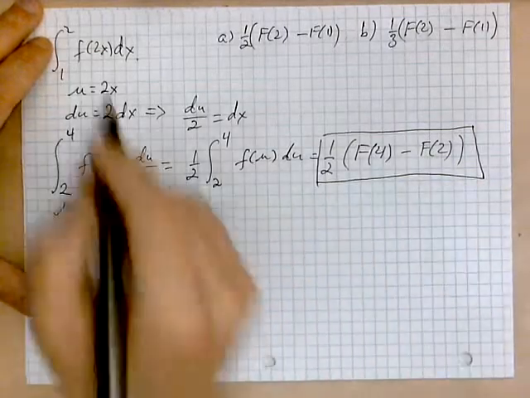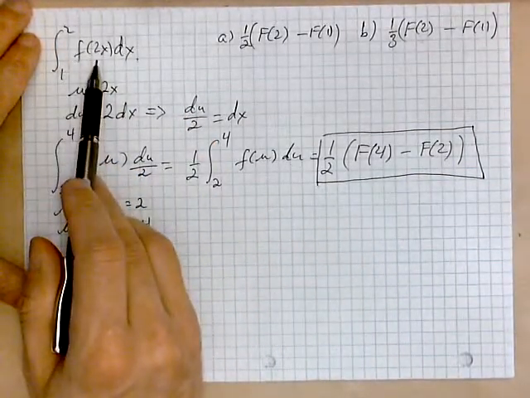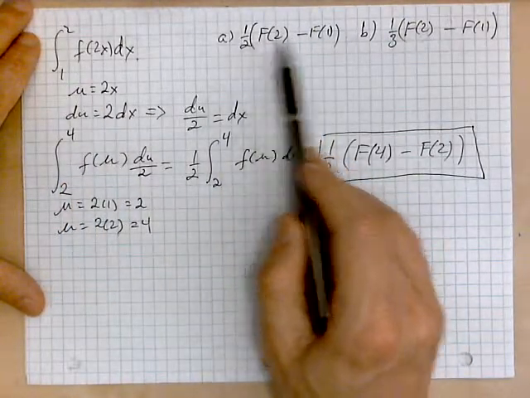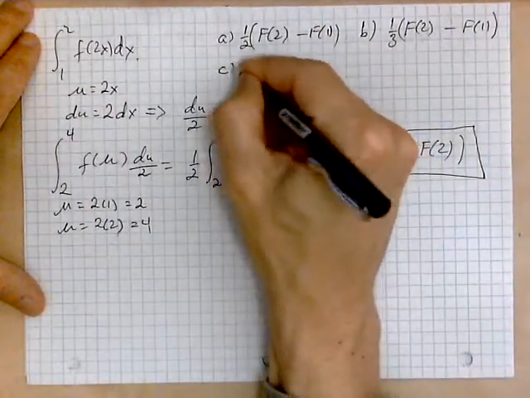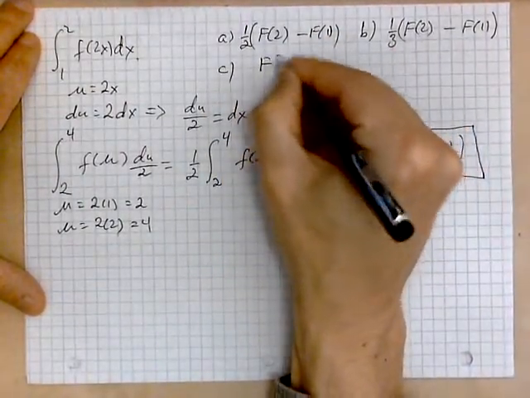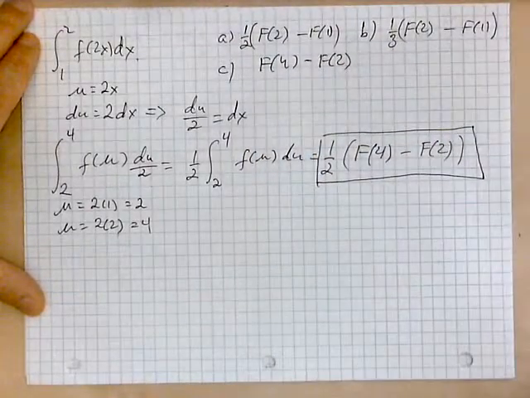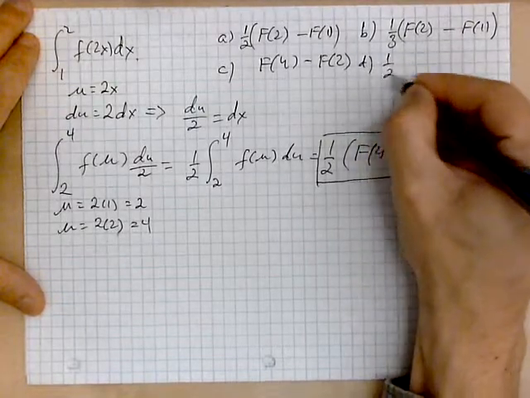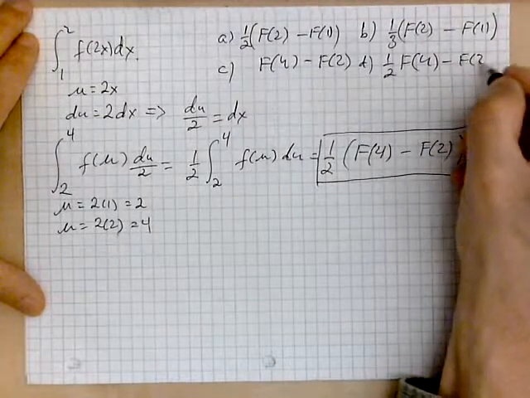So one more time, this is what you will see as the question, or something like it. Then you will be given answer choices that look like this, or maybe an answer choice C, such as big F of 4 minus big F of 2, or maybe 1/2 of big F of 4 minus big F of 2.